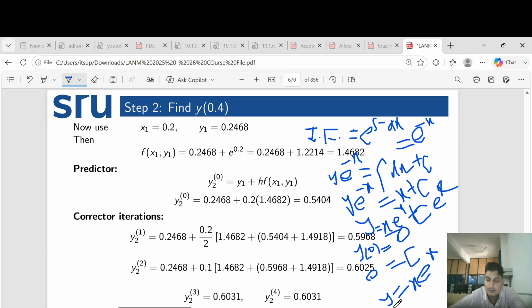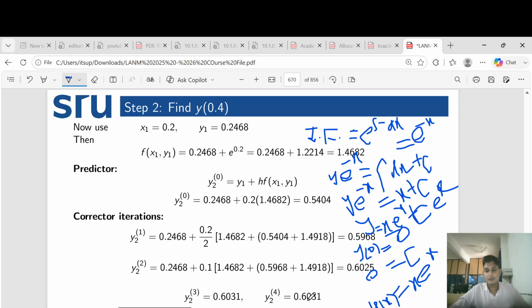What is written here is y as a function of x, y of x is equal to x e to the power x.